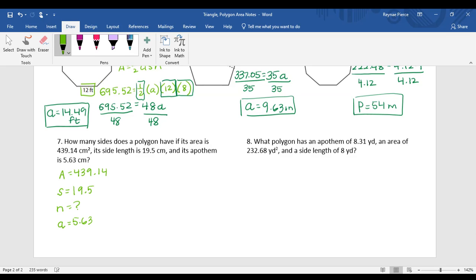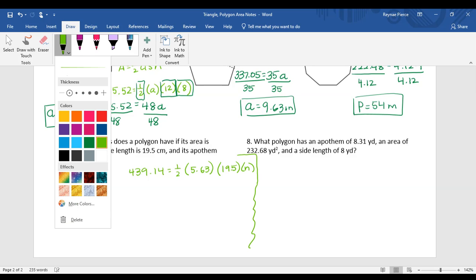So I'm going to substitute these values in. 439.14 equals 1/2 my apothem, my side length, and N. I don't know that number of sides that I have.